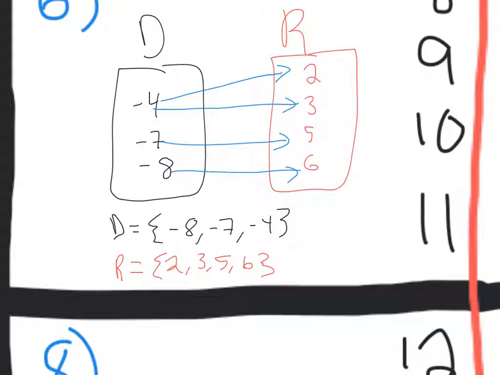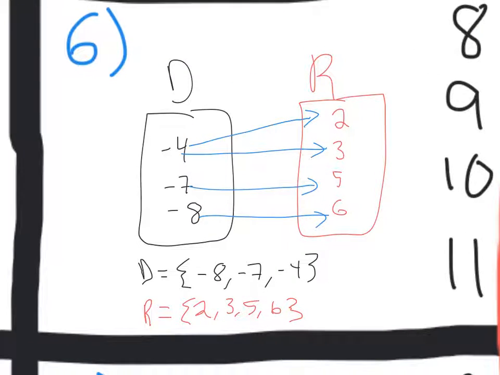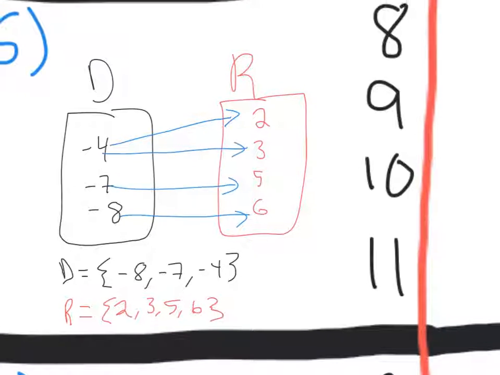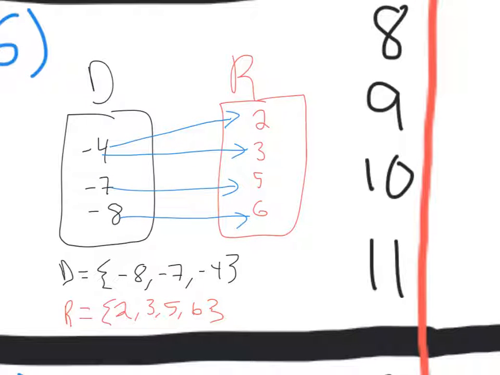So I went ahead and already wrote the domain and range out for you just to save some time. Domain are all these elements in here. Range consists of these elements over here. Now we recognize something that's a little bit different right here, and the problem actually comes from this -4 right here.